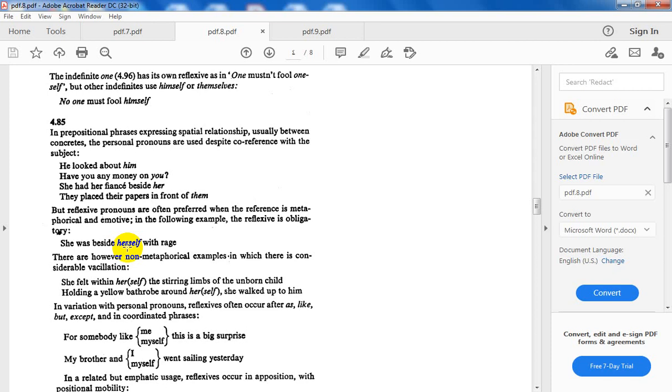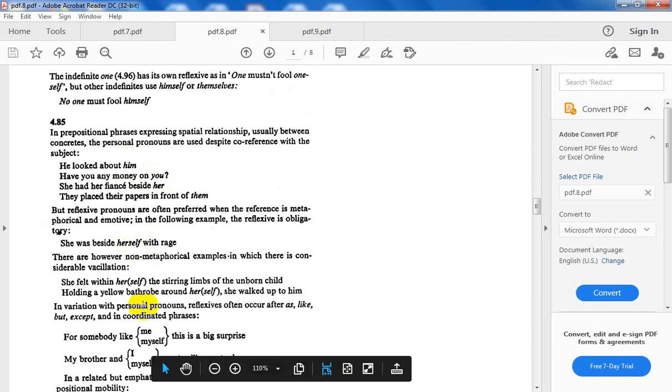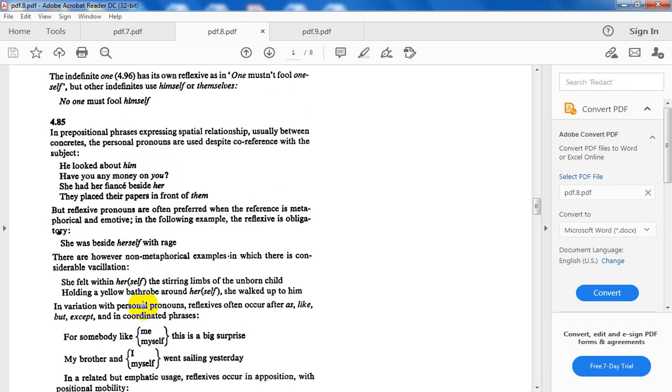Then I have a mix. طبعا هنا it is obligatory with personal. هنا obligatory with reflexive. But here I have a mix between them. You have the option to use reflexive or personal. There are, however, non-metaphorical examples in which there is considerable variation.